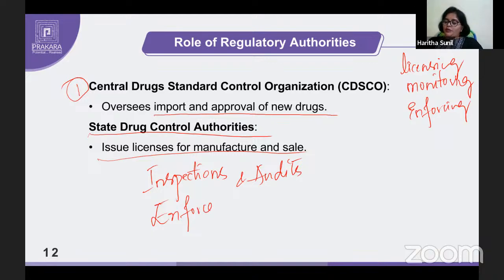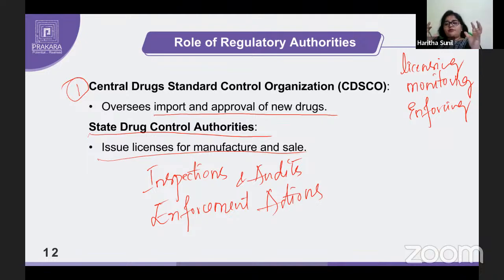So what do we mean by enforcement actions? They seize substandard or unapproved products, and also penalize for the offenses that they see. For example, a state authority shutting down a facility for violating good manufacturing practice comes under the state drug control authorities.